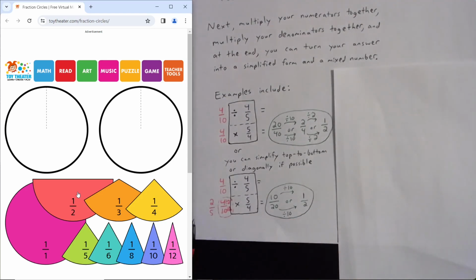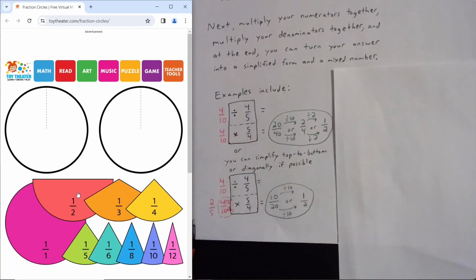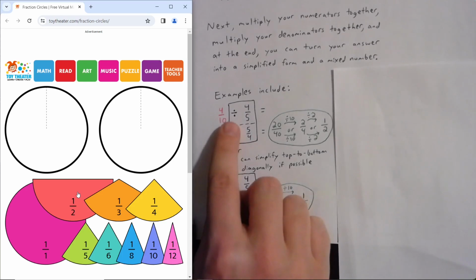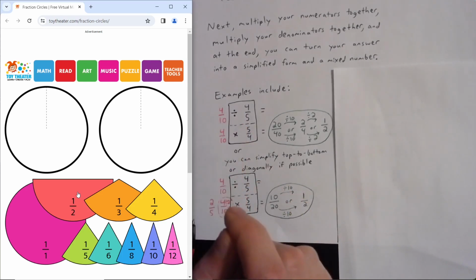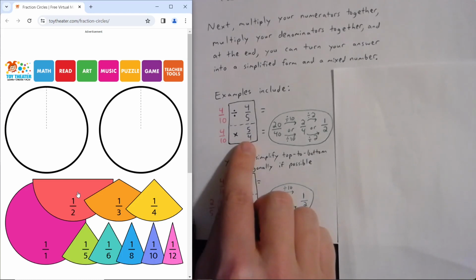So, let's take a look at the examples that we have. 4/10 divided by 4/5. So, I'm going to turn my divided by 4/5 into times 5/4.